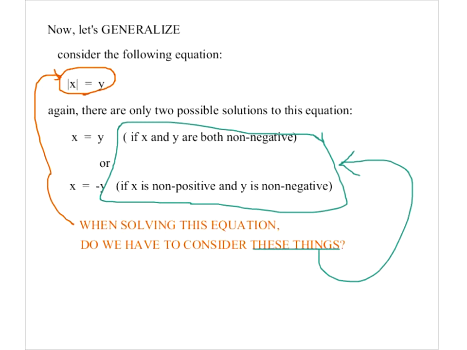What do you guys think? Text box, when you solve these equations, if you think you have to think about the blue stuff, give me a yes in the text box. And if you think you don't, then give me a no. So most of you are giving me yeses.